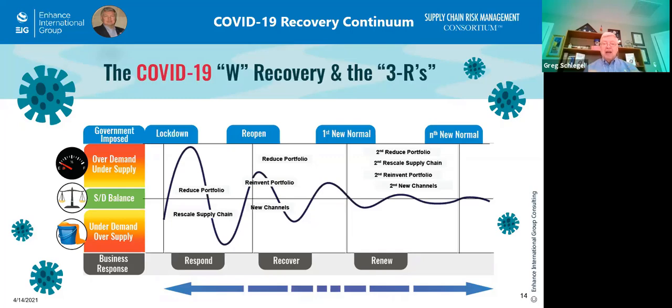Why? To maintain cash. In a crisis like this, cash is king. It's a red line issue. If you can't produce cash, you don't have a business. Second R, recovery.